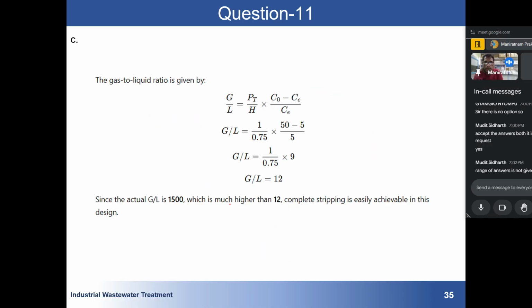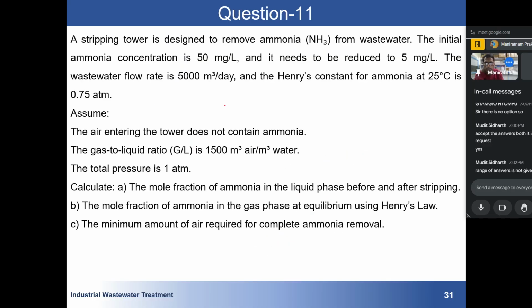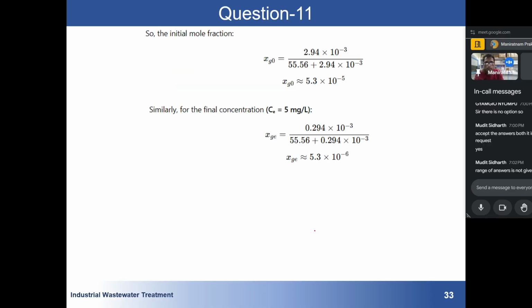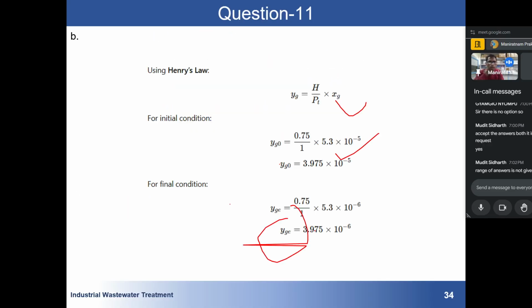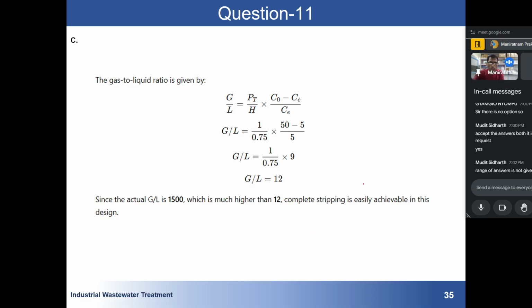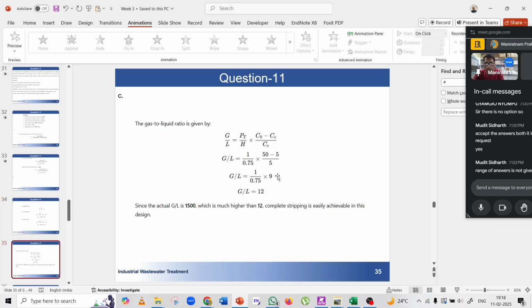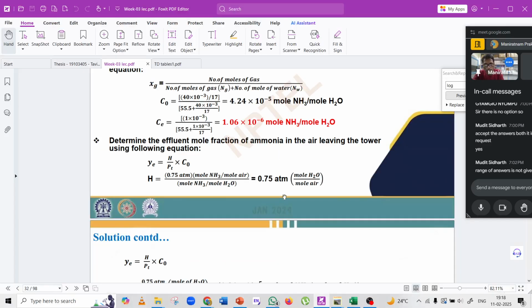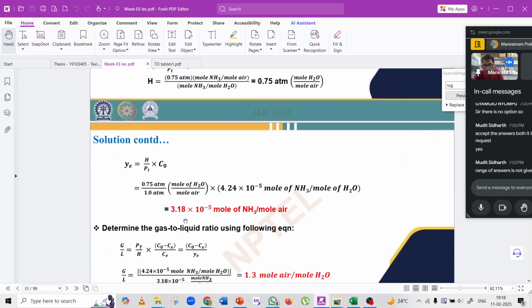Then finally, this is also a simple question: you have to find the gas by liquid ratio. The question was to find the minimum amount of air required for complete ammonia removal. For that also we have a direct formula, taken directly from the lecture notes.